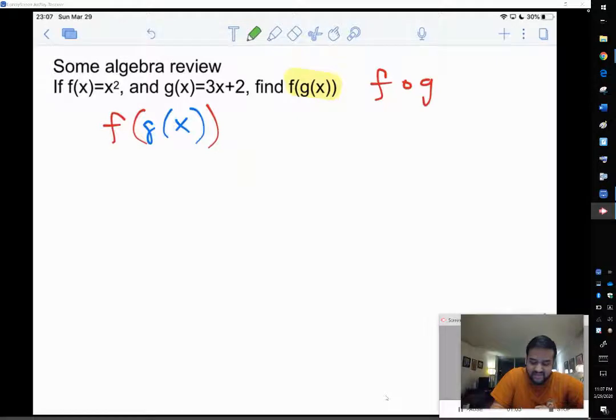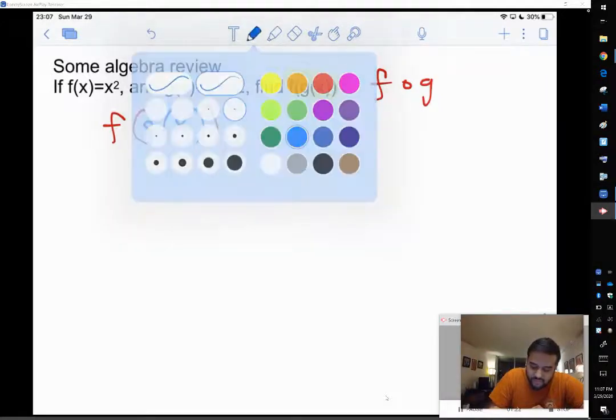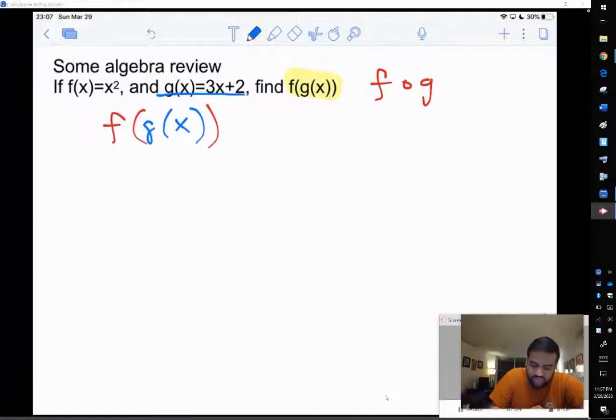In this case, we have an innermost parentheses with x in it, and that is living inside the red's parentheses, and that makes the entire quantity g of x inside the parentheses of f. So I'm going to replace g of x in blue there with what g of x is equal to. We're given that g of x is equal to 3x plus 2.